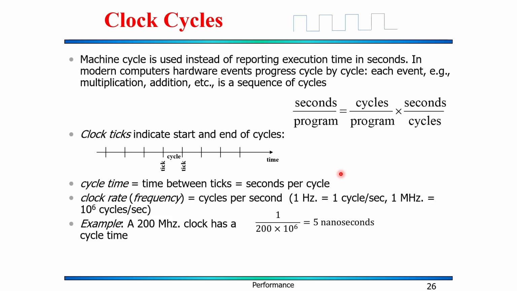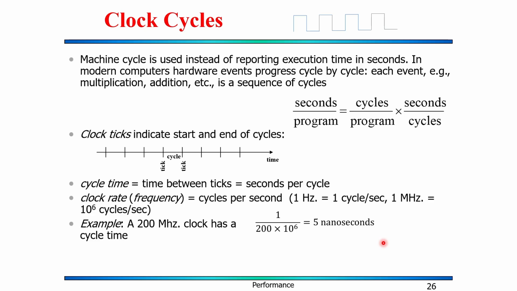Okay, here is an example. A 200 megahertz clock has a cycle time of 1 divided by 200 million, which equals 5 nanoseconds. So 5 nanoseconds is 5 billionths of a second. I hope you are familiar with how we go from milli, micro, and then nano.